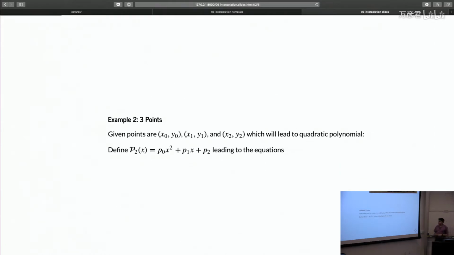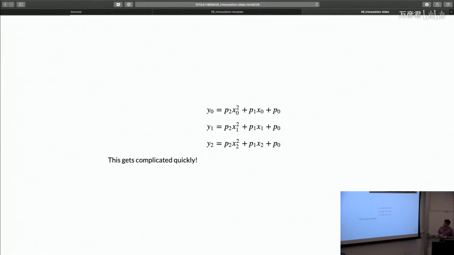3 points. We have a quadratic, second order or second degree polynomial. We have 3 unknowns, the p's, and we have 3 points. Okay, so we can do this. It's a little bit more algebra. These are our equations. Note that these aren't nonlinear equations. It's not actually important that we have a squared, like a quadratic.